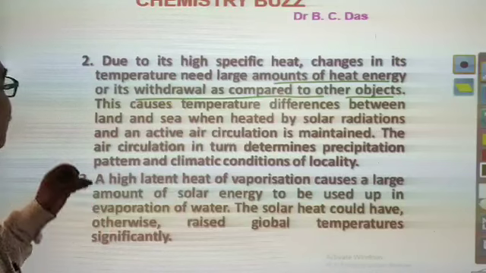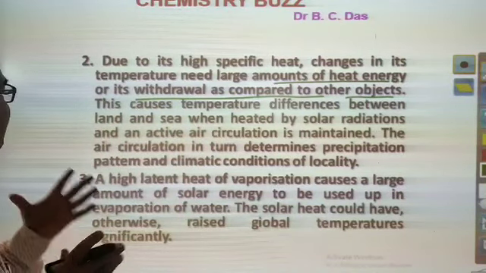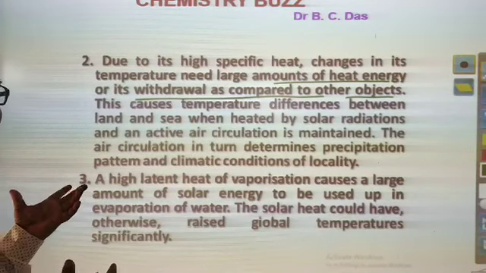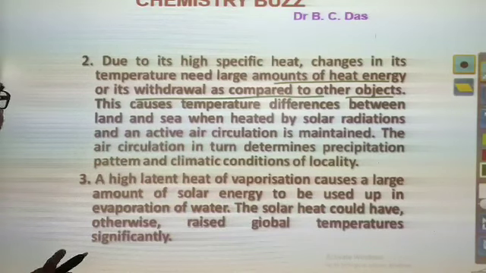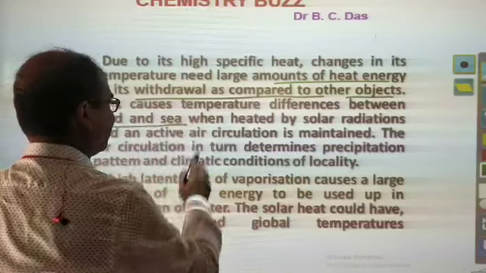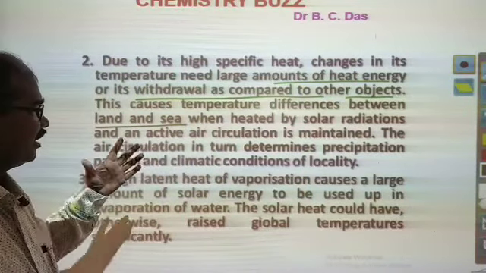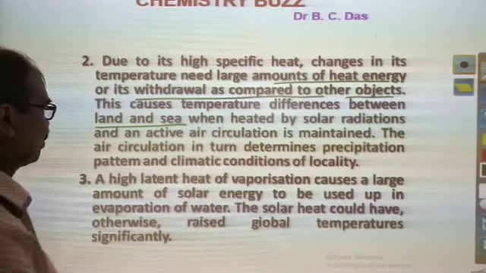So because of its high specific heat, a change in its temperature needs a large amount of heat energy or its withdrawal compared to other objects. This causes a temperature difference between land and sea when heated by solar radiation, and an active air circulation is maintained.